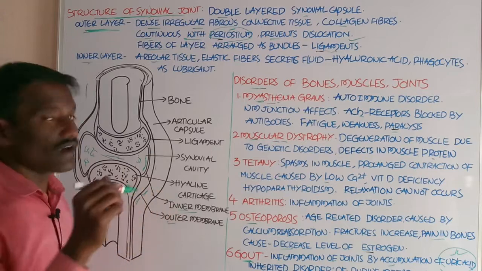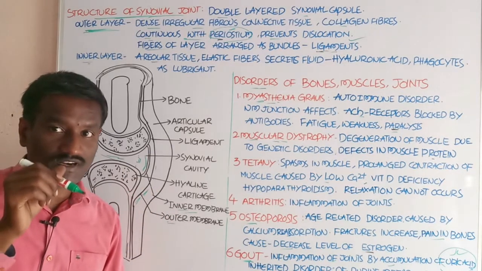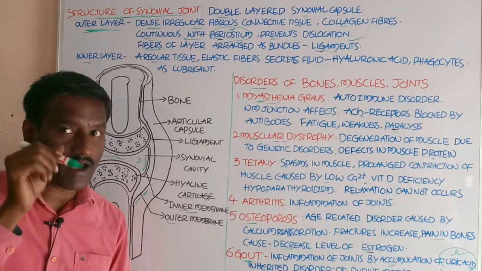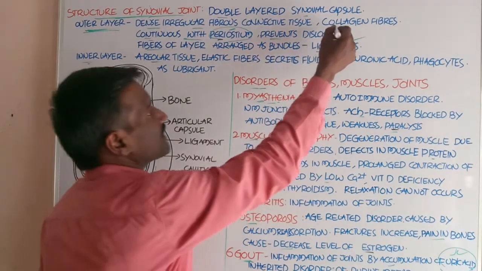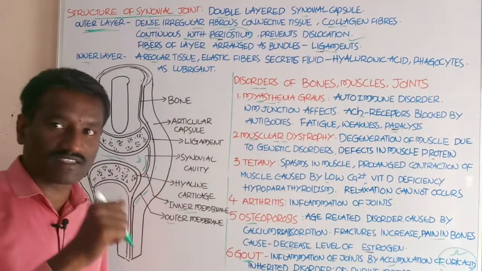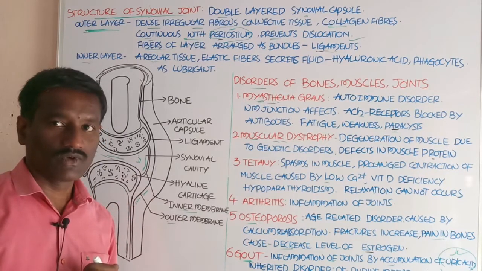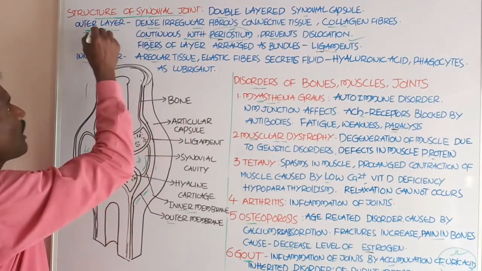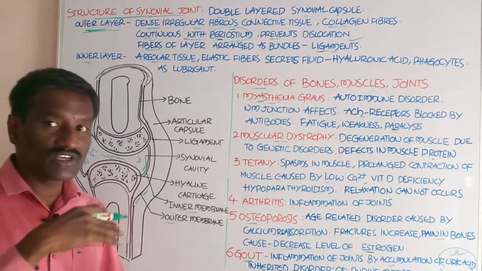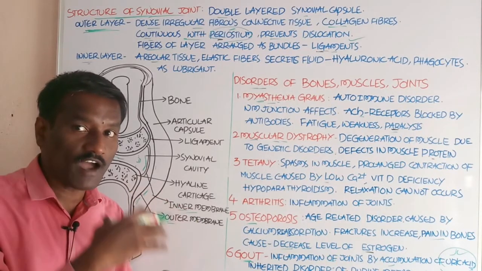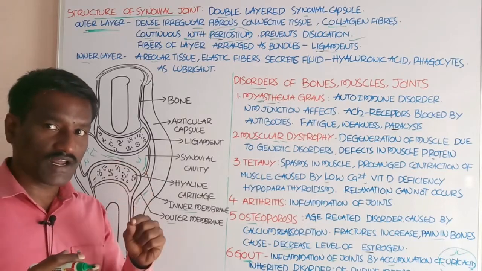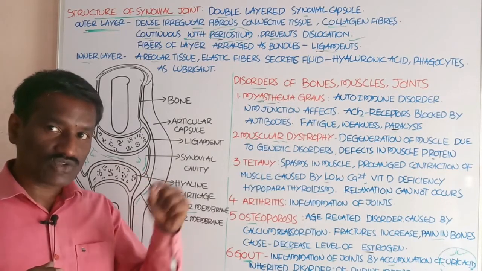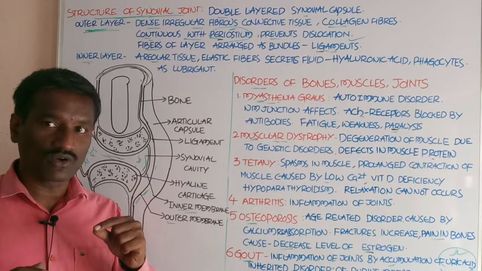The outer layer is formed with dense irregular fibrous connective tissue, and collagen fibers are also present in it. Next, the outer layer is continuous with the periosteum of the compact bone.